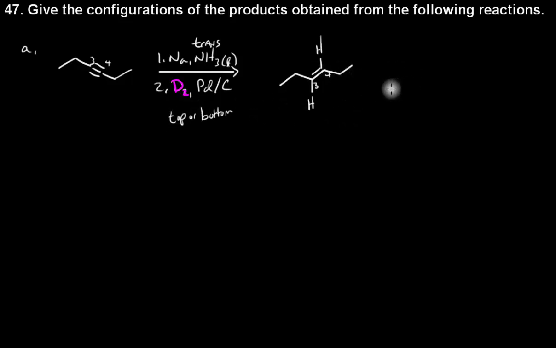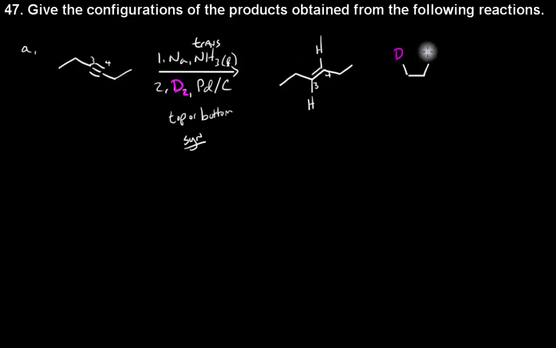You also have to remember that D2 addition, or just H2 addition, is going to be in a syn stereochemical manner, unlike the trans. So this is going to make a difference at the end of the day for how D is added. What we can do is go ahead and draw the D's as if they had added syn from above.